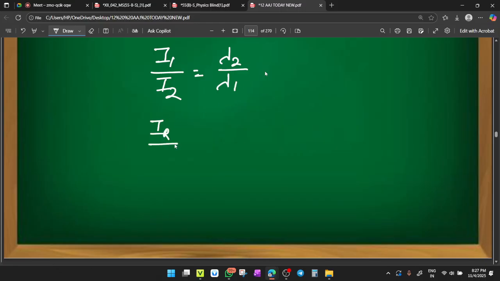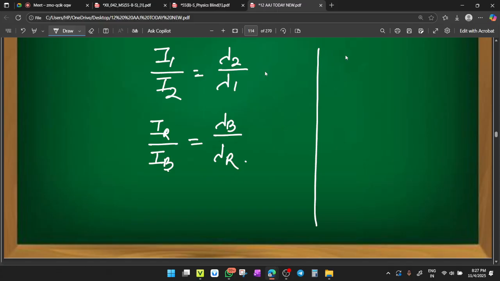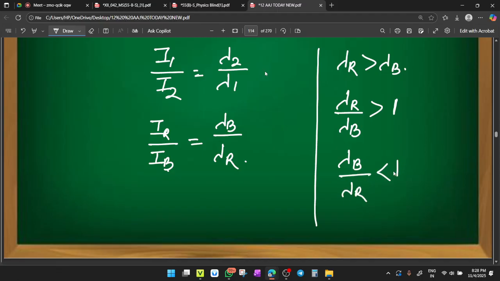So I red upon I blue equals lambda blue upon lambda red. Clear or not clear? As lambda red is greater than lambda blue, lambda red upon lambda blue will be greater than 1 and lambda blue upon lambda red will be less than 1.